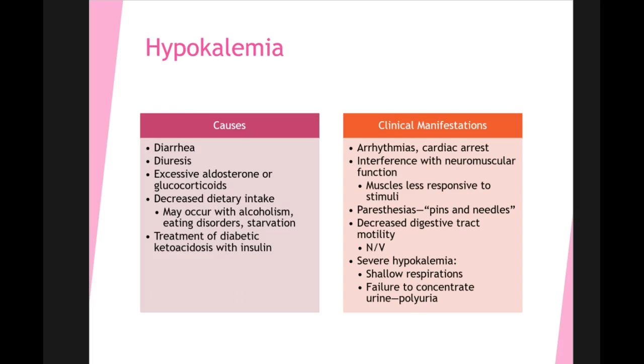With severe potassium deficits, the respiratory muscles can also become weak, and this will lead to shallow respirations. Also, renal function can be impaired in severe cases, and this leads to the failure of the kidney to concentrate the urine, so they have polyuria, a large output of fluid.